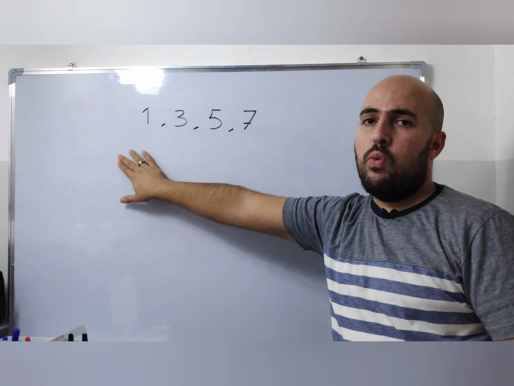To find the nth term of arithmetic sequences, we're going to use a rule. Now, what does this rule say? I'll write it here. It says A1 plus Dn minus D. Now, A1, as we said, is the first term.